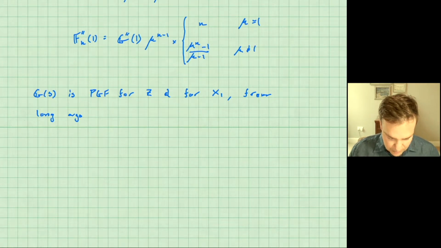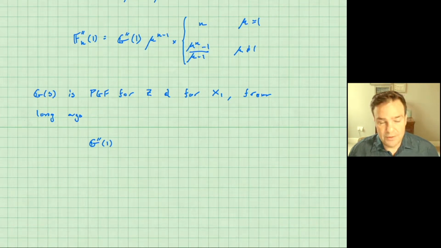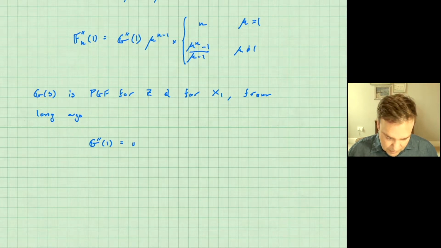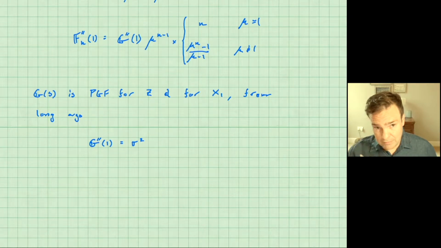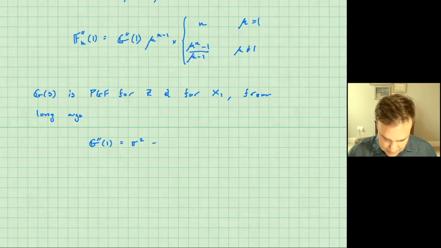We had shown, and we'd used many times, maybe in slightly different form, the following relationship: that the second derivative of the PGF evaluated at 1, in this case for x1, or for z, it's the same, is given by the following. And here I'm putting in the symbols for the variance that we already have defined, and the expected values. So it's minus the expected value, and then plus the square of the expected value.